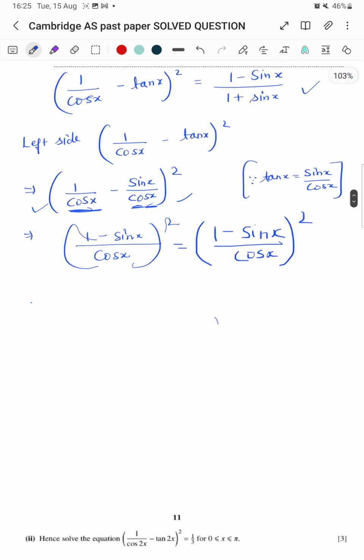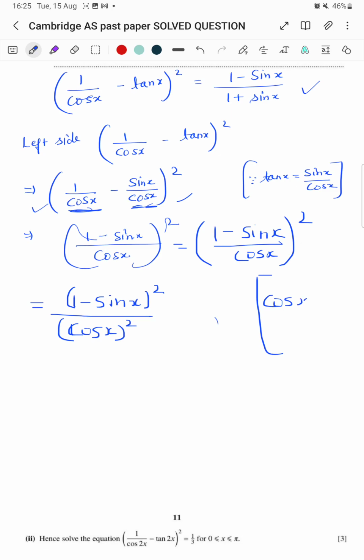Now I can split this square separately in the numerator and denominator. So I can write it as (1 minus sin x) the whole squared divided by (cos x) the whole squared. Always remember, (cos x) the whole squared is also written as cos squared x.